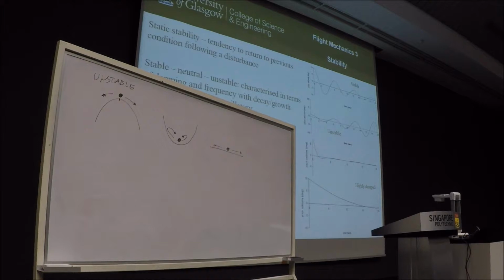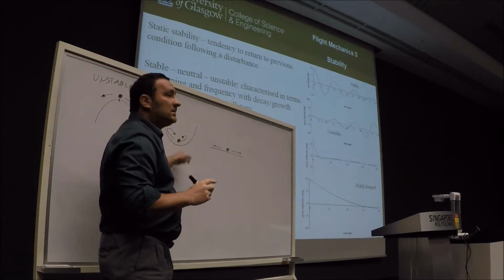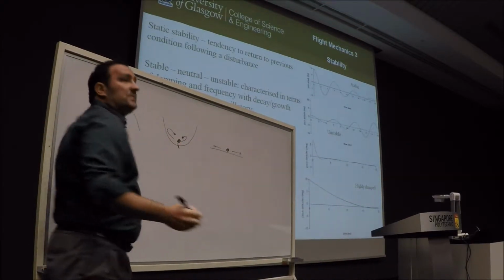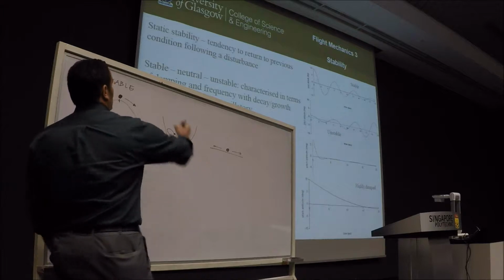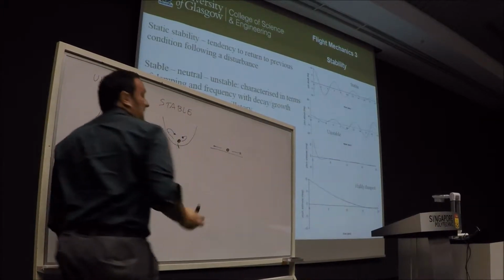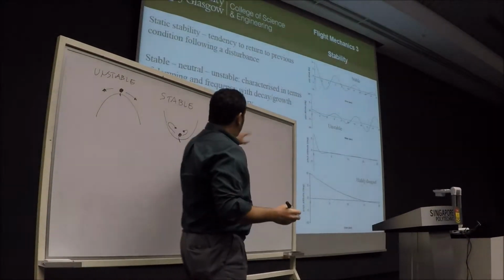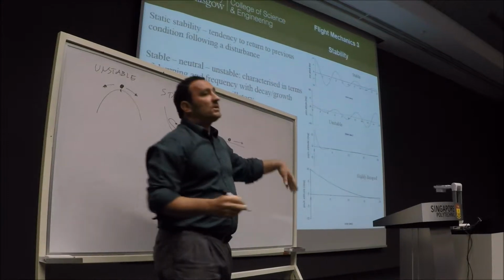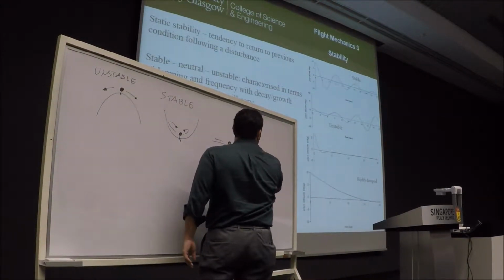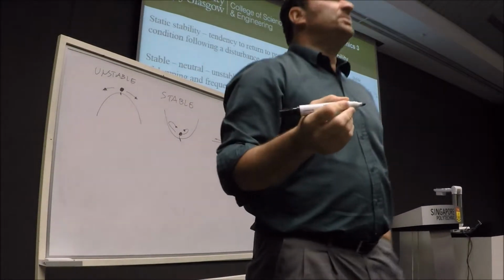Okay? In this case, if we flick the ball, it will go up and then fall back down and resettle at the trim condition, at the stable condition. So this configuration is stable. In this case here, we flick it, the ball moves, and after a while it will stop at a different position, but it will stop.